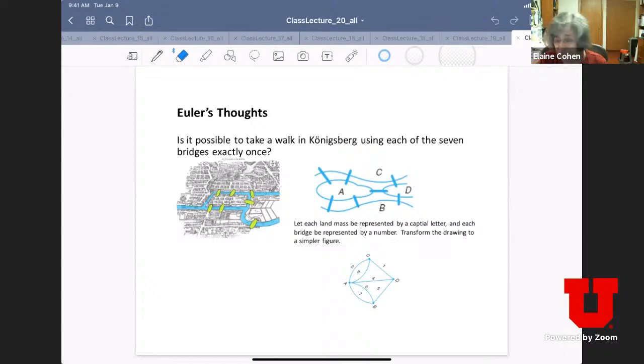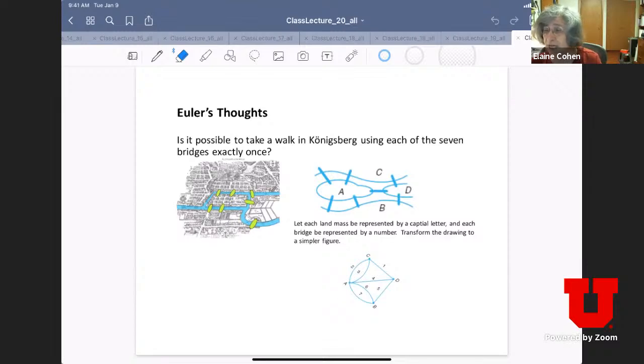So we look at each of the 4 land bodies, A, B, C, and D, and we make them points. And then we look at the bridges, and that means we connect up, for example, C is connected to D exactly one time. So we call that edge 1. And C is connected to A 2 times. So that's 2 bridges, and there were 2 arcs, 2 and 3.